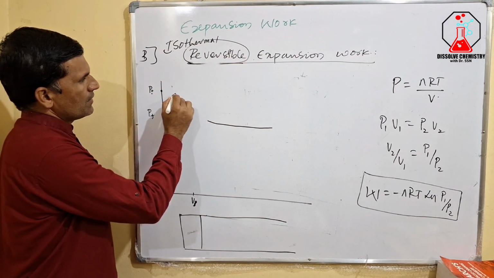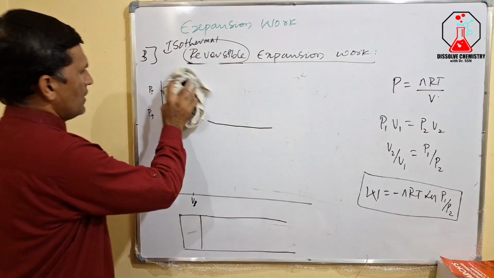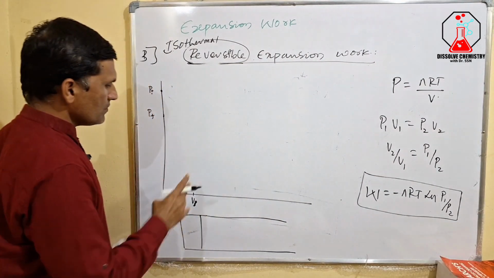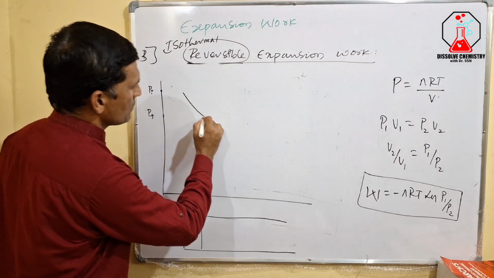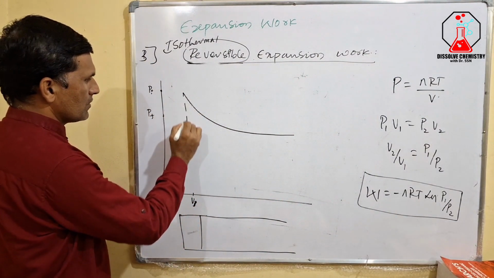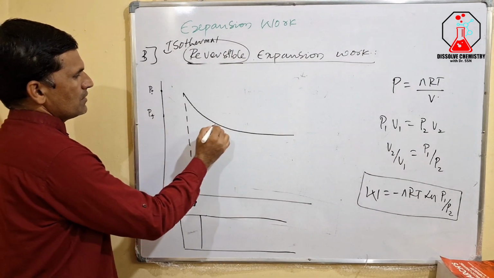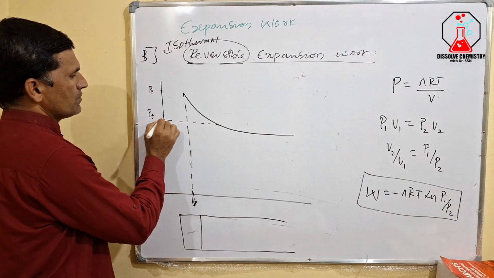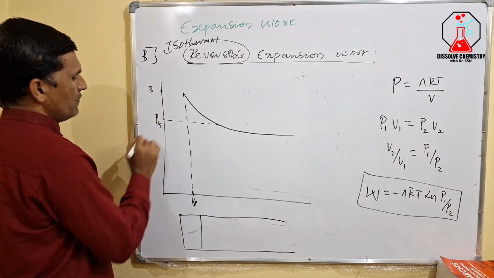Small correction we will do. So this is the initial pressure, and this is the final pressure, we call P final.